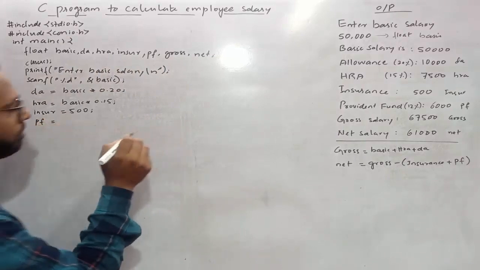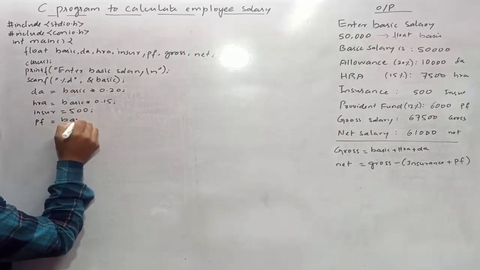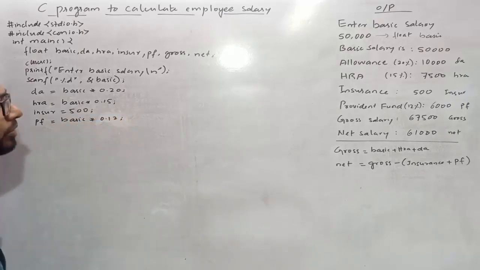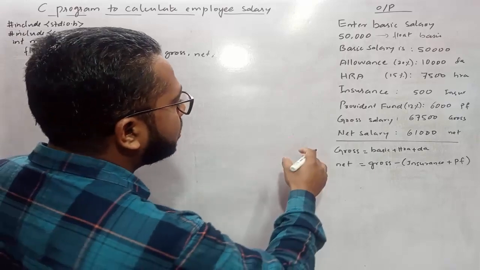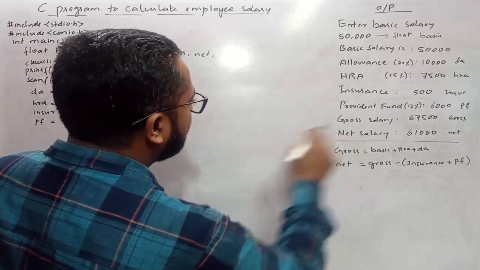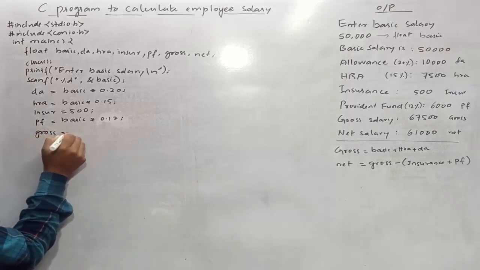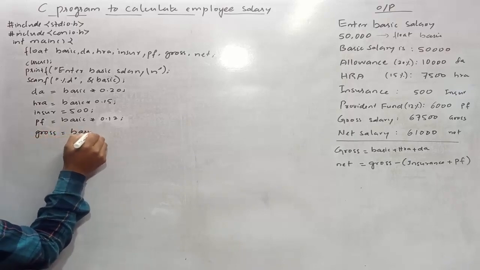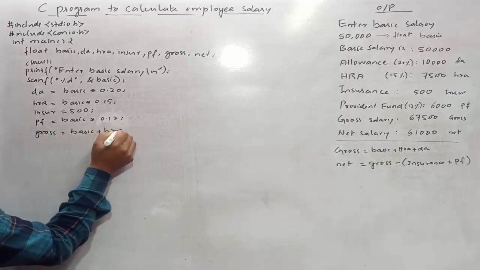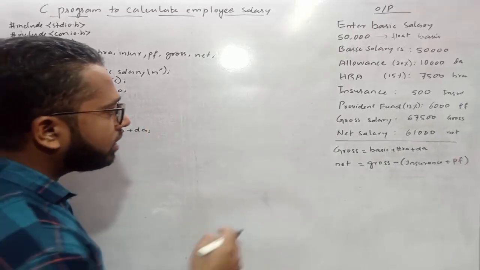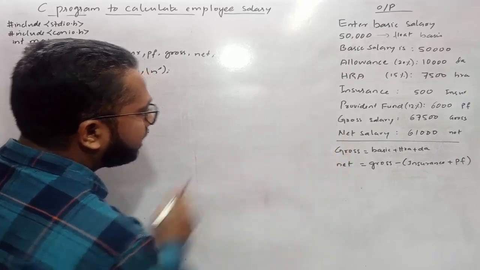PF equals 12% of basic, basic into 0.12. Now I need to calculate the gross salary. Gross equals basic plus HRA plus DA.